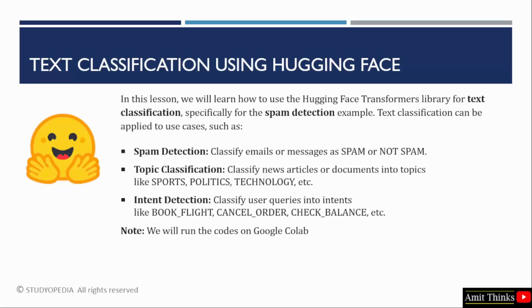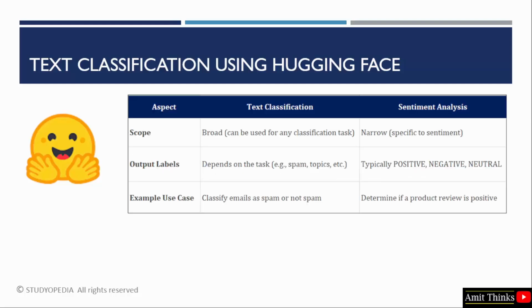So let us see. Till now we have covered sentiment analysis. So here is the difference between sentiment analysis and text classification. As the name suggests, sentiment analysis is narrow, that is specific to the sentiment. Let's say positive sentiment for a text like I love cricket.